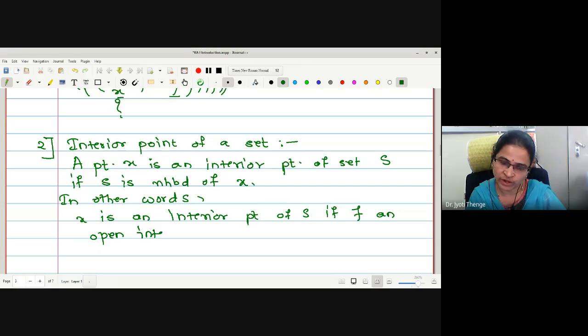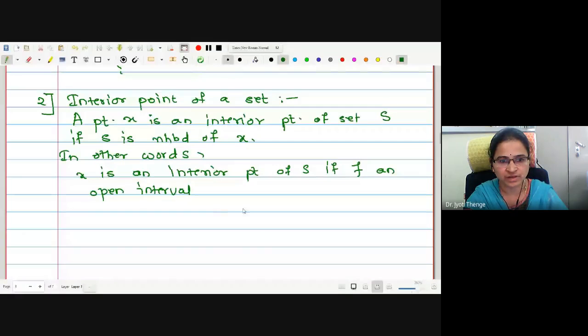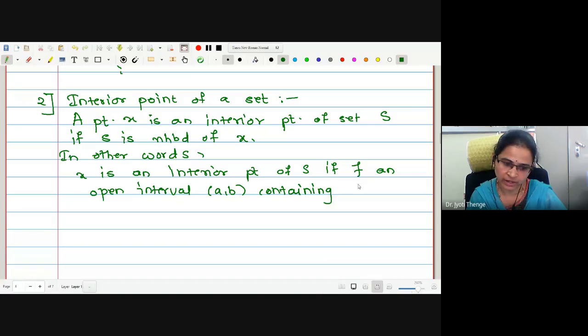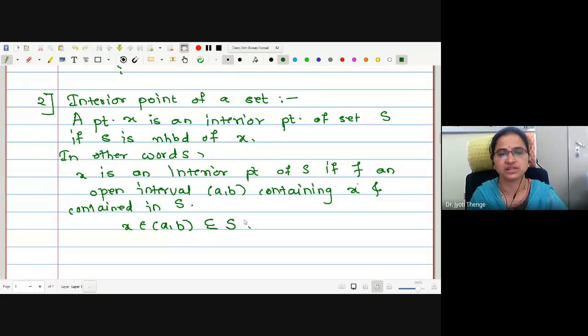I am saying open interval because we are discussing only the real line, not two-dimensional or three-dimensional space. An open interval (a, b) containing X and contained in S. That is, X belongs to the open interval (a, b) and the open interval (a, b) is contained in the set S.